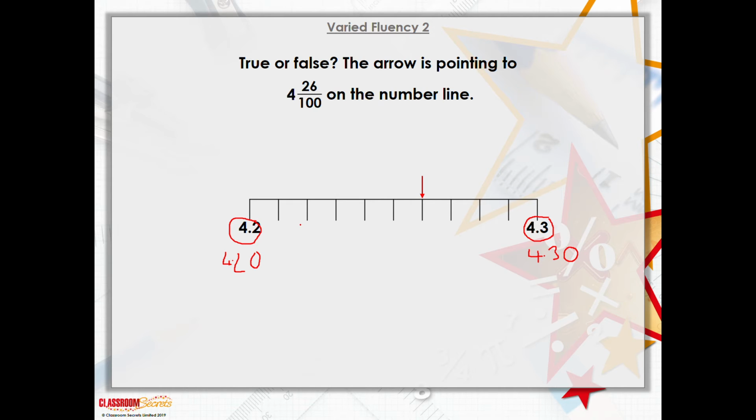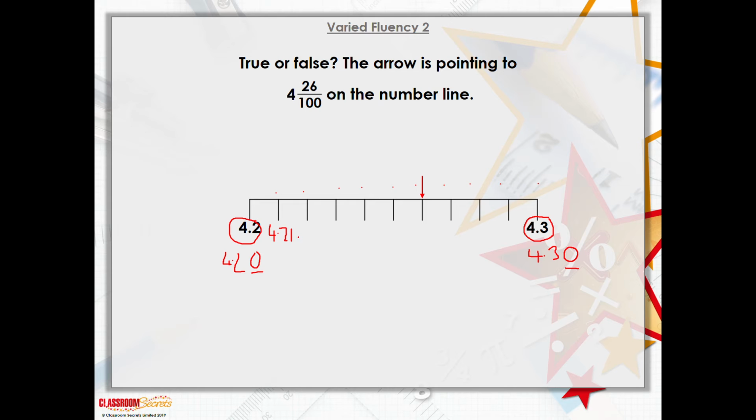Now I'm looking for anything in my place value that fits in between 4.2 and 4.3, and I know that my hundredths are next down in my place value. There are 10 hundredths to every tenth, and if I look at my intervals here, I've got 1, 2, 3, 4, 5, 6, 7, 8, 9, 10. So I know that each of these intervals represents 1/100.